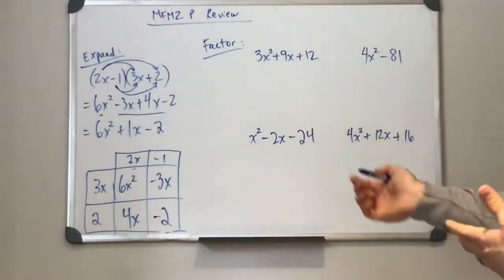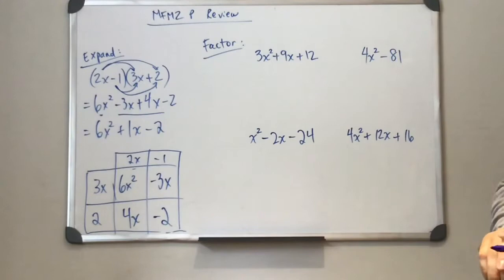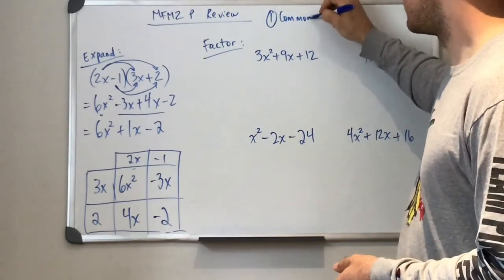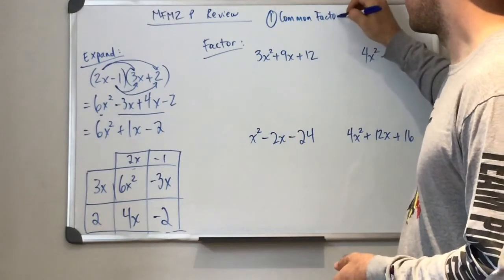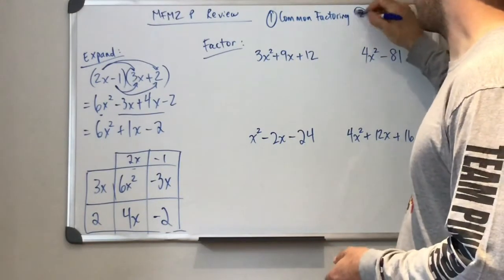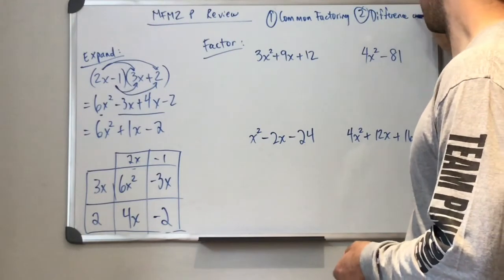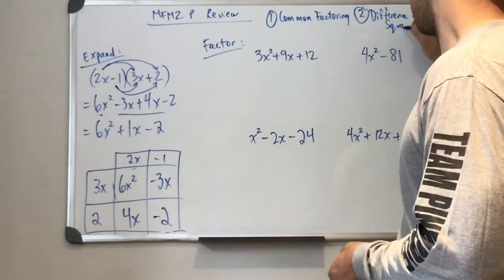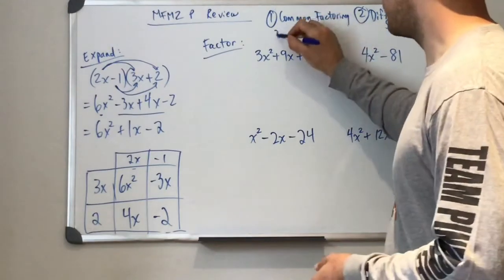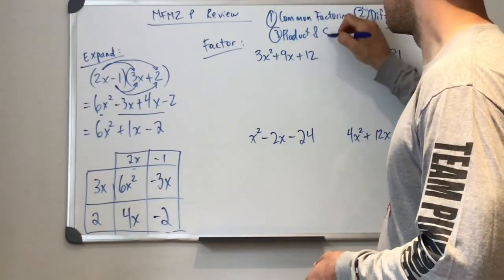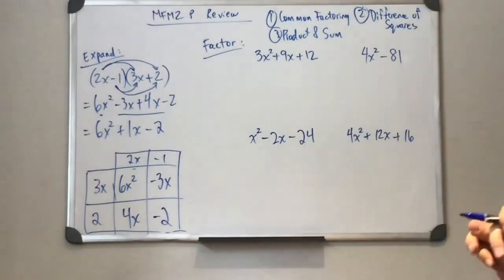So that's expanding. Factoring. We had three types of factoring. Common factoring, difference of squares factoring, and lastly product and sum.